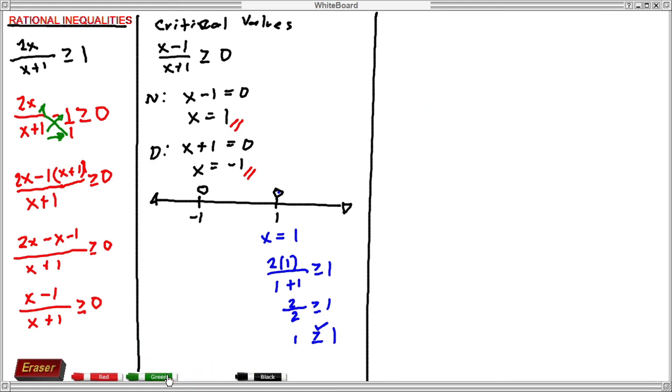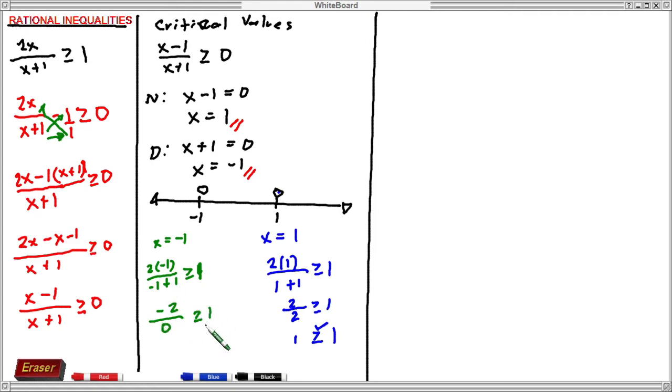Now, how about if our x is equal to negative 1? Okay, so substitute lang din natin 2 times negative 1 all over by negative 1 plus 1 greater than or equal to 1. Okay? Now, 2 times negative 1 is negative 2 all over by negative 1 plus 1, the answer is 0.